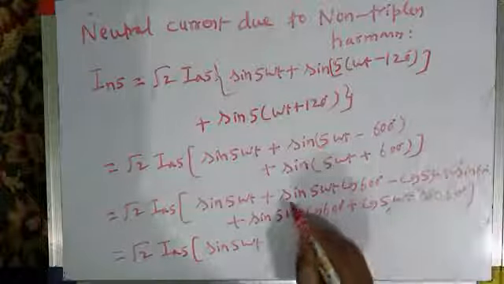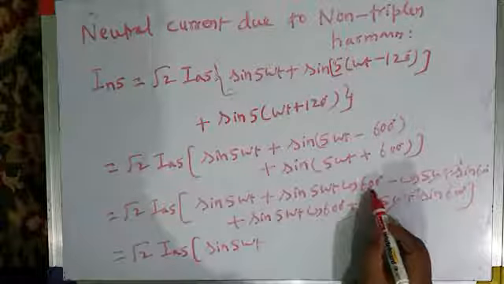They cancel out, and I am left with sine 5 omega t cos 600 degrees.